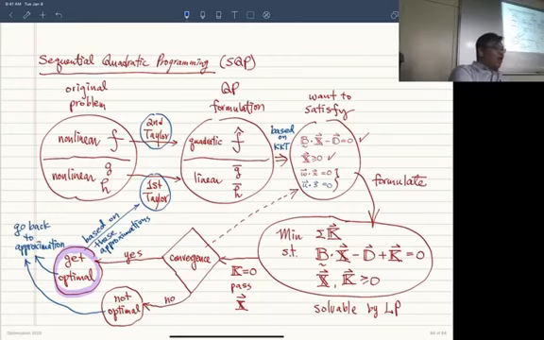And once we have that, we formulate this additional problem. It's like a dual problem. And by finding the solution point for that additional problem, we could find possible candidates for the optimal solution. Okay, so this is the QP and SQP.